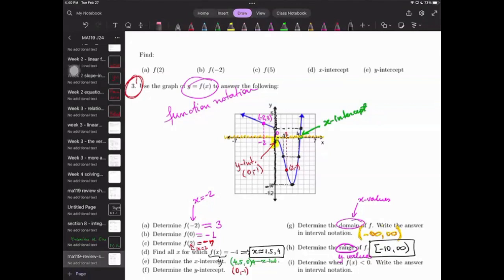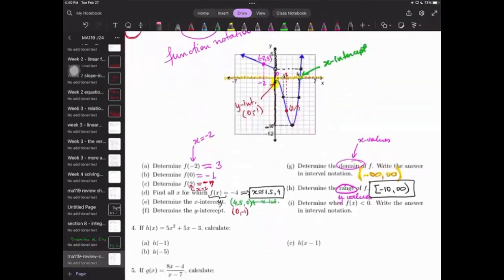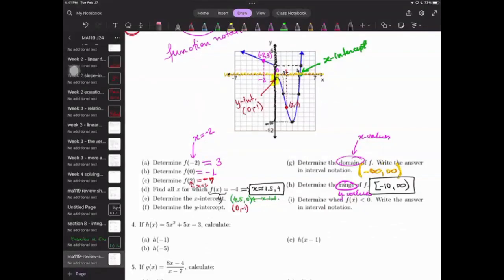All right. I did something very similar to letter I. So here I'm just going to say that for the y values that are negative, you need to tell me which x values give you that.